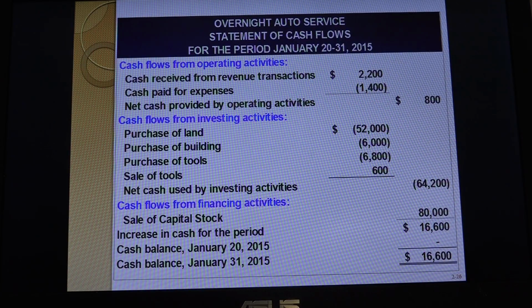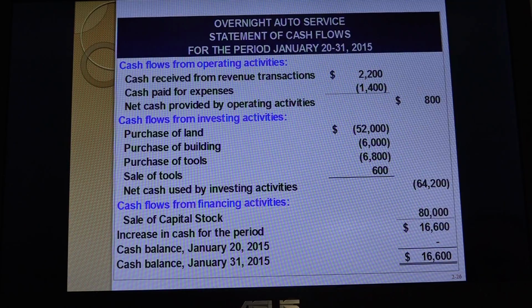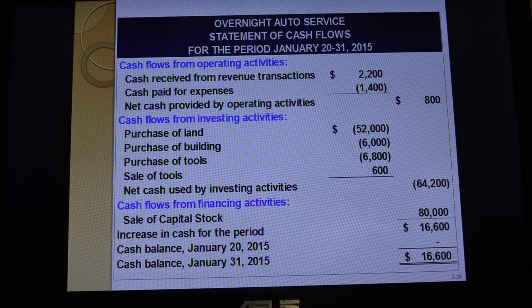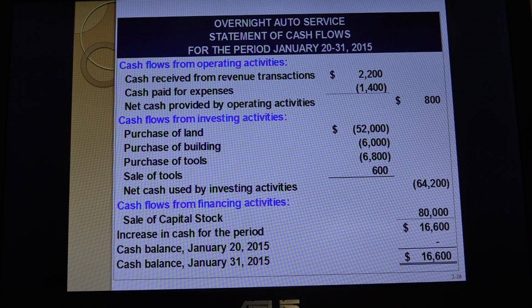And so they had one transaction involved in that that created revenue. That's the $2,200. And then they had cash that they paid for expenses related to that activity of $1,400. So net cash provided by operating activities is $800. Well, that's the same as net income, right?